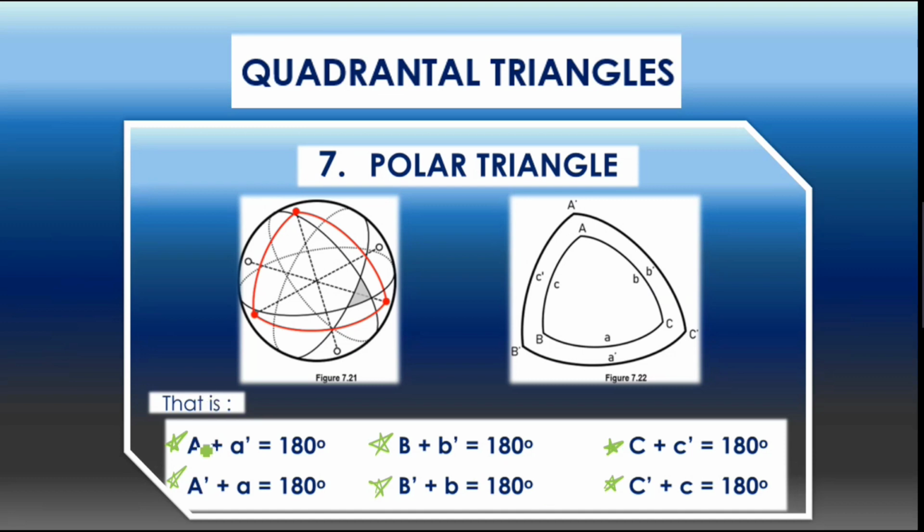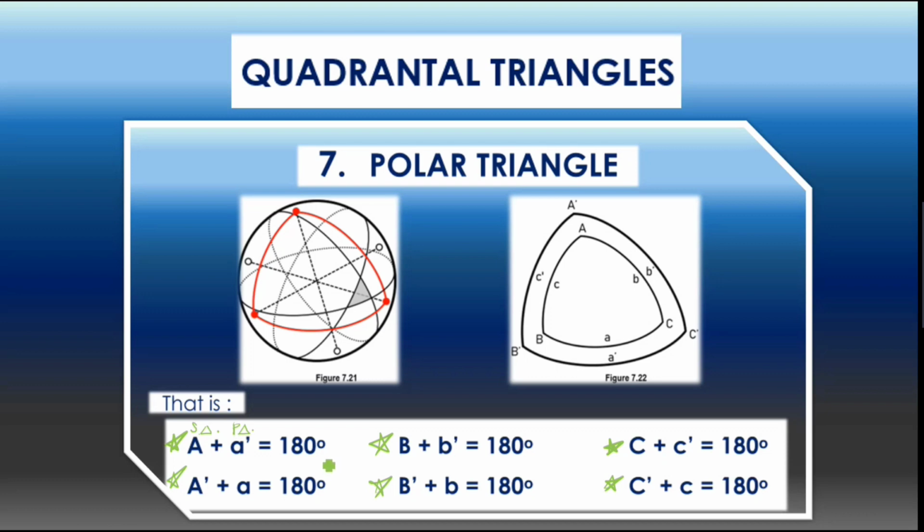So the first one, if we do have angle A from the spherical triangle, and we add it with the side a of the polar triangle, the sum of the two is 180 degrees.